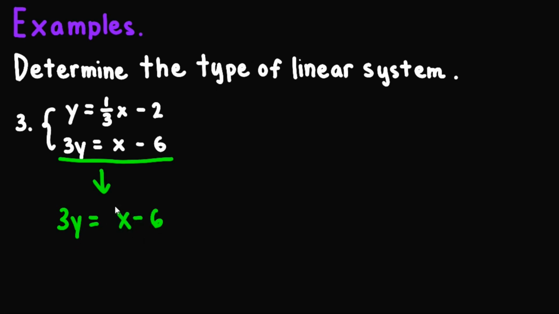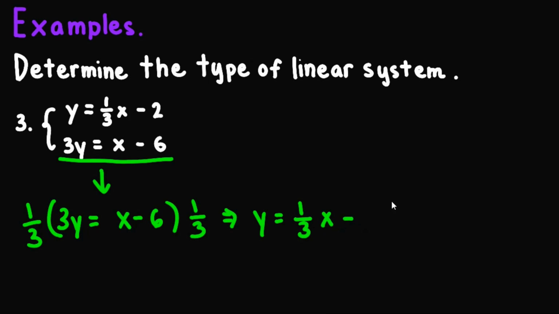What we can do is divide 3 on both sides. This will give us y equals 1 over 3 x minus 6 over 3, which gives us 2.